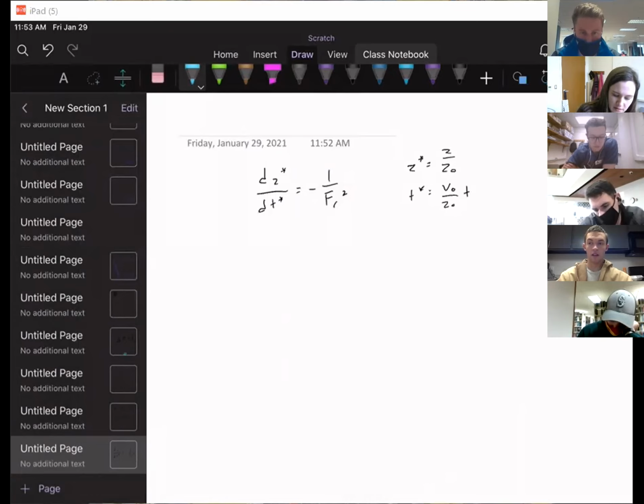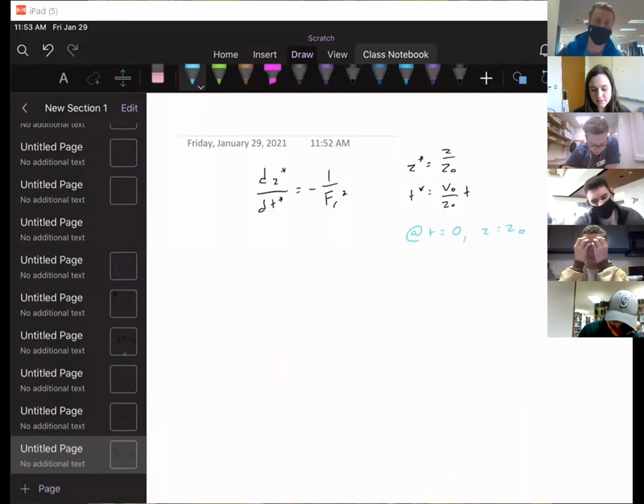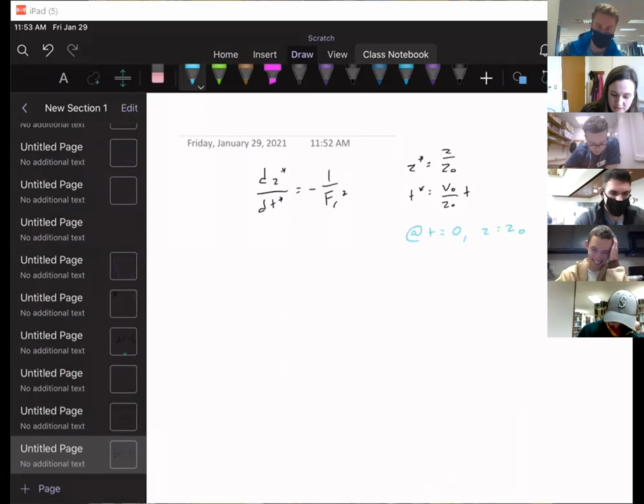At t equal to 0, we know that z is equal to z naught. That's what z naught means, just the initial z. And so when t is equal to 0, t star will be 0, right?